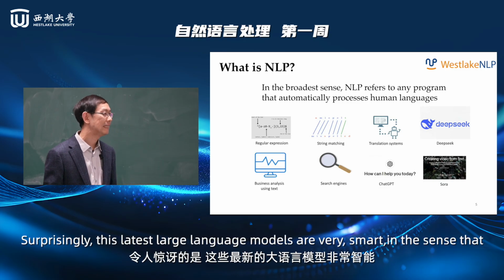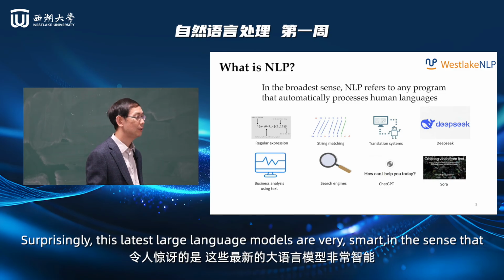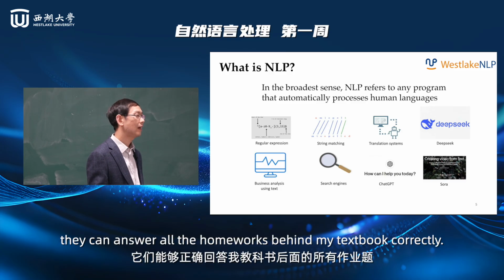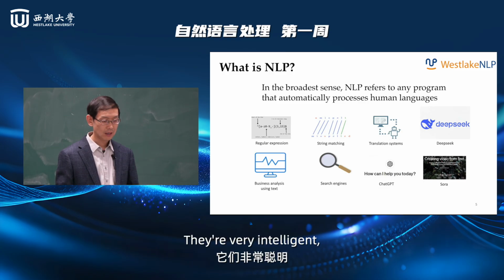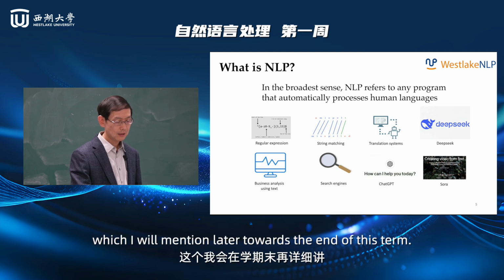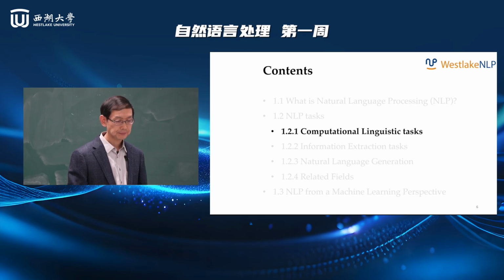Surprisingly, these latest large language models are very smart in the sense that they can answer all the homeworks behind my textbook correctly, right? They're very intelligent, which I will mention later towards the end of this term, okay?